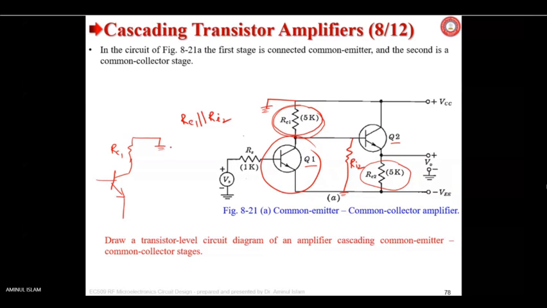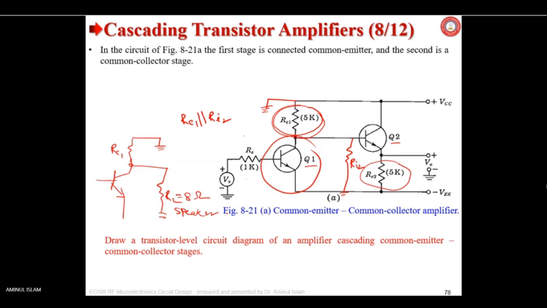So the collector terminal is seeing one resistance, that is RC1. Now this amplifier could be loaded with another resistance RL, which could be 8 ohm as a speaker resistance.